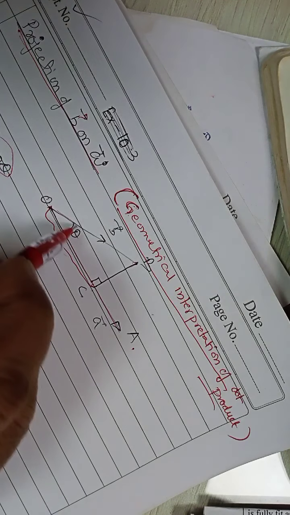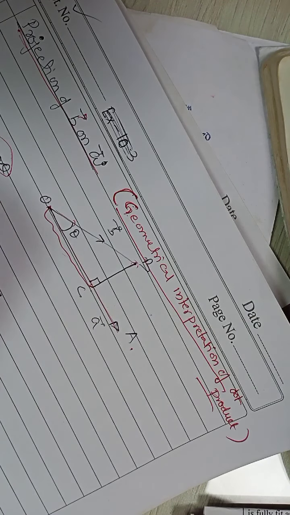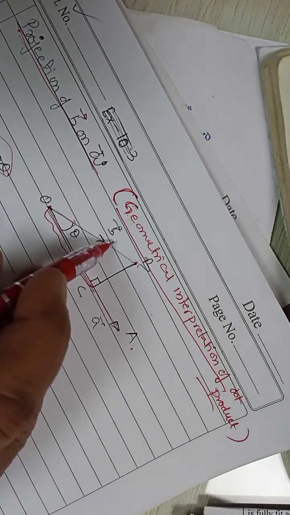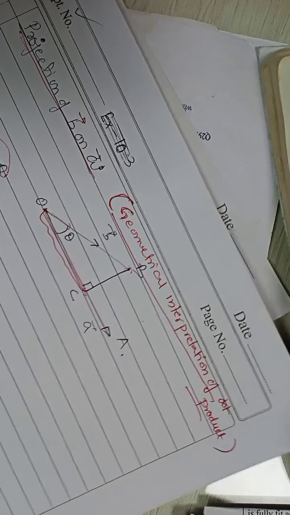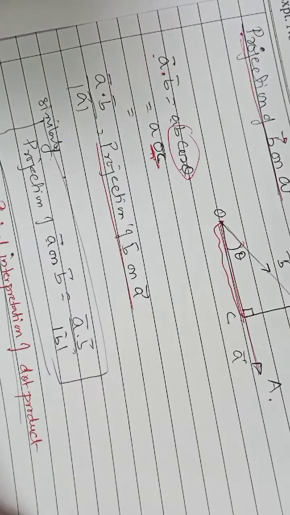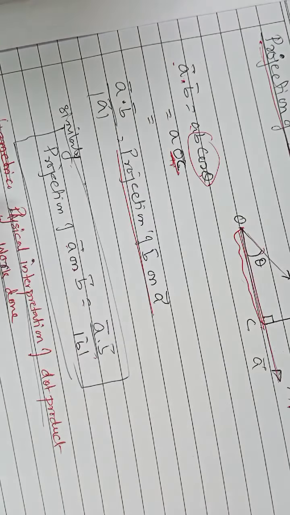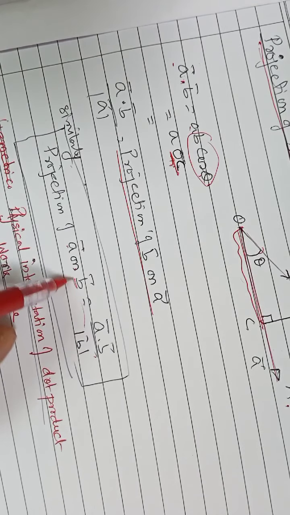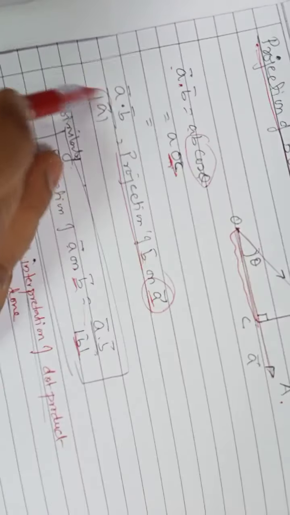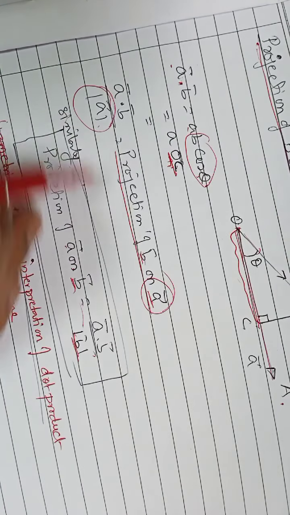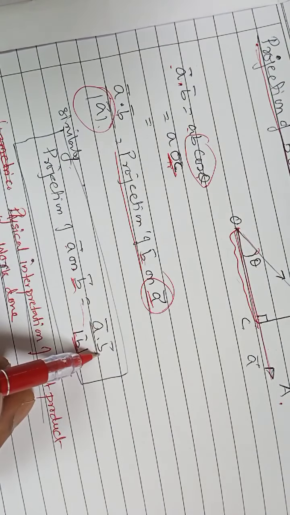Now what is b cos theta? By using trigonometry, that is OC, the projection of the b vector on the a vector. Similarly, we get the projection of the a vector on the b vector. You have to remember that, otherwise a dot b is common for both of them.